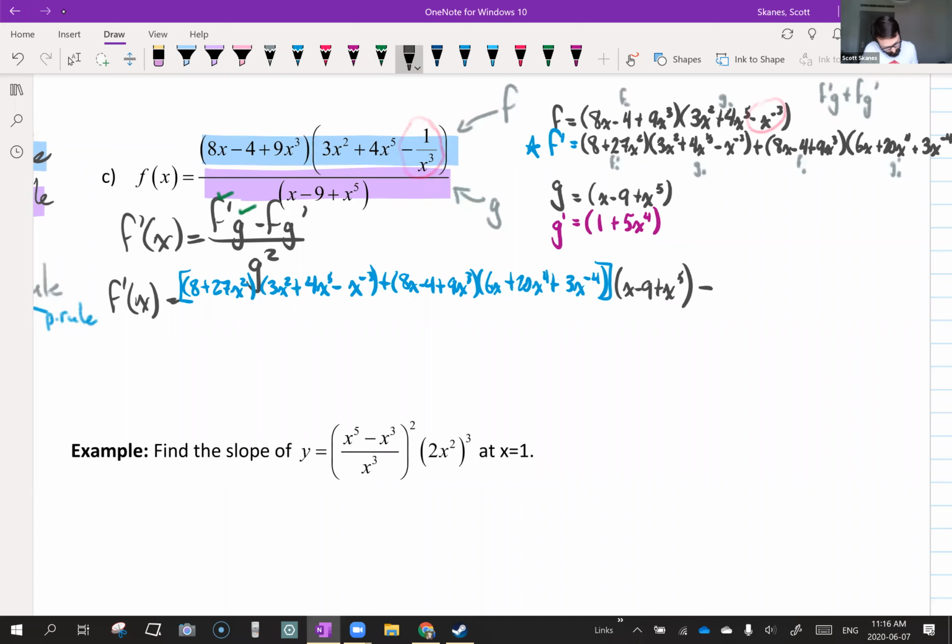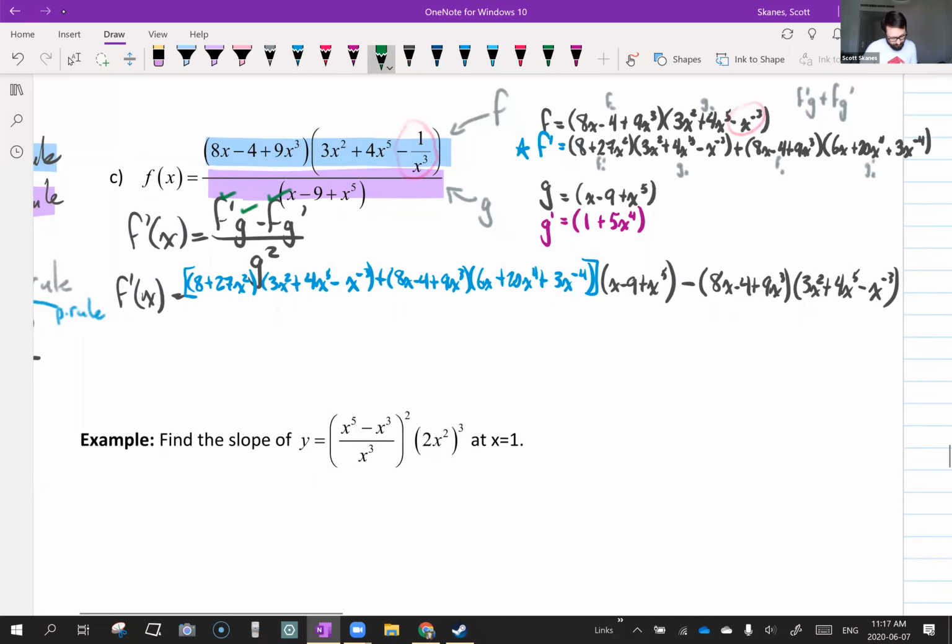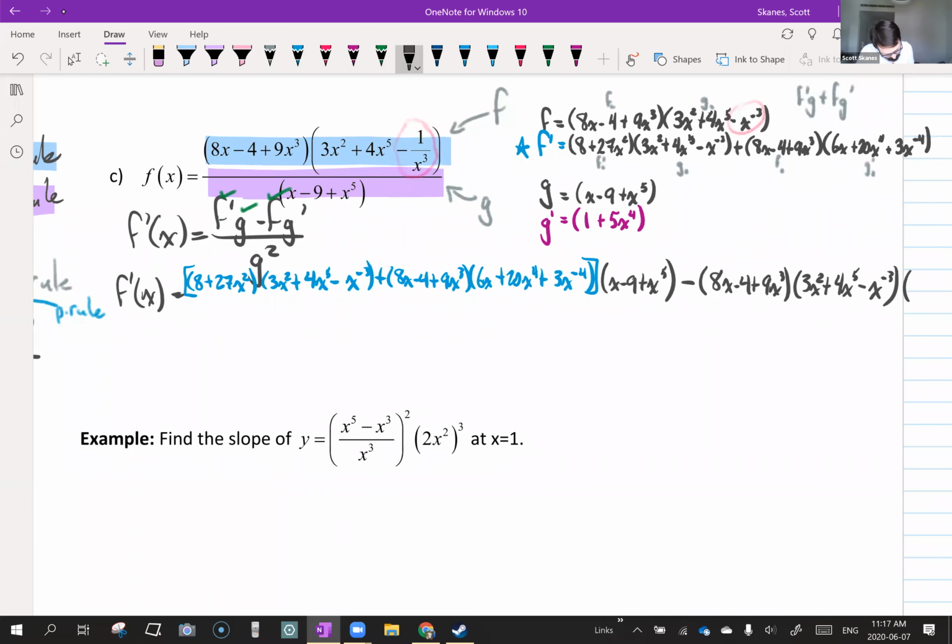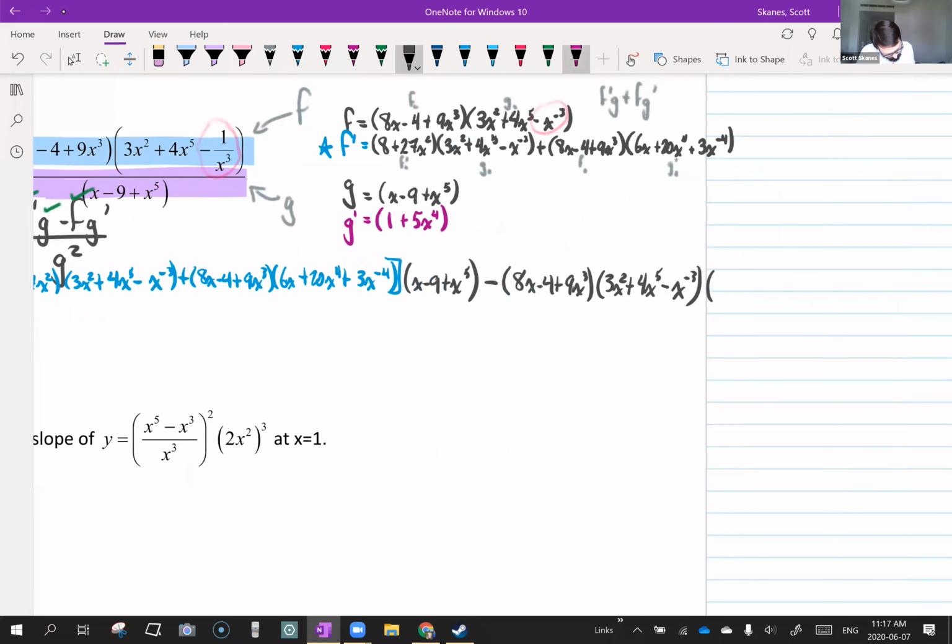I'm going to do minus. I need to write f again, which is the top. That's f. And now I need to write the derivative, which is 1 plus 5x to the power 4.